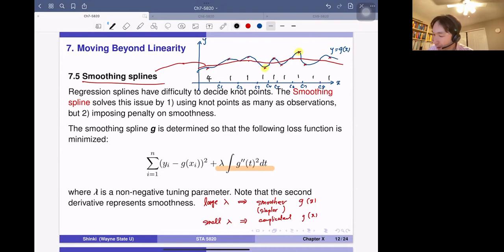So we have 8 parameters plus 4, so 12 parameters for 9 data points. But since we have a penalty term, this is effectively a smoother curve. If lambda is large, this line is almost a straight line. So effectively, we have a smaller number of parameters. We only have a small adjustment to the straight line. So if lambda is large, maybe the effective number of parameters is 2, I would say.